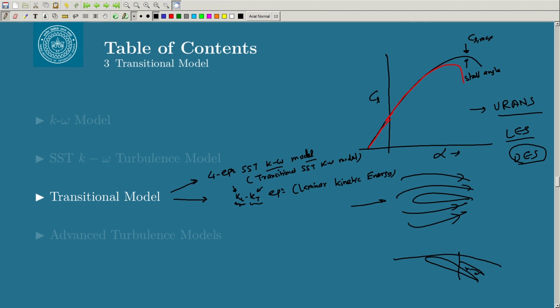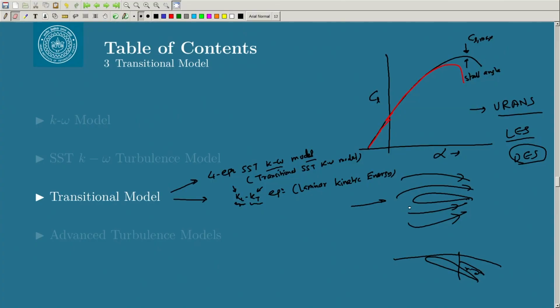And then there are some other transition models which are coming, because as we become more and more ambitious. Initially when CFD started, we just wanted to study laminar flow, then we went to fully turbulent flow and found some success with the different turbulence models. Now we have become more ambitious and we want to do transitional flow also, and capture the full regime.